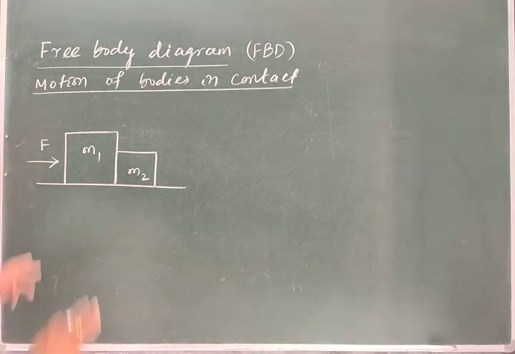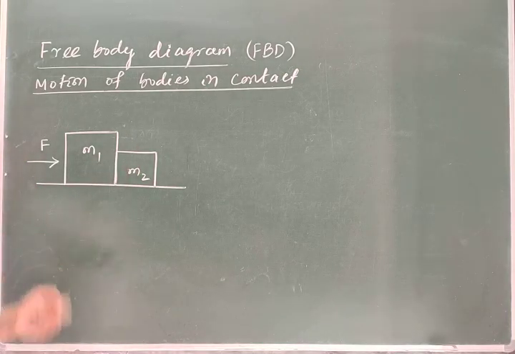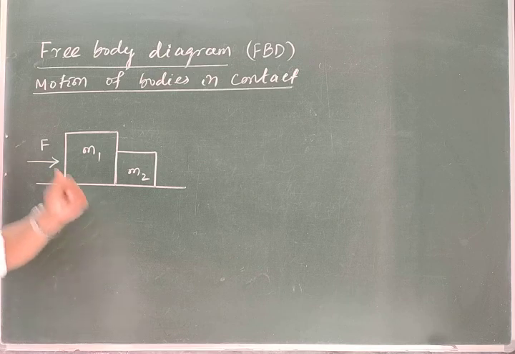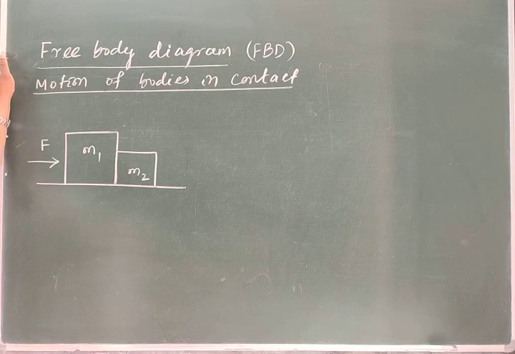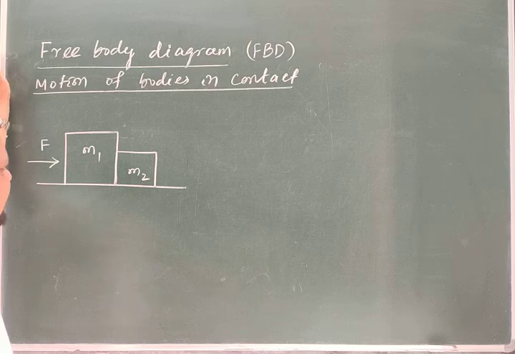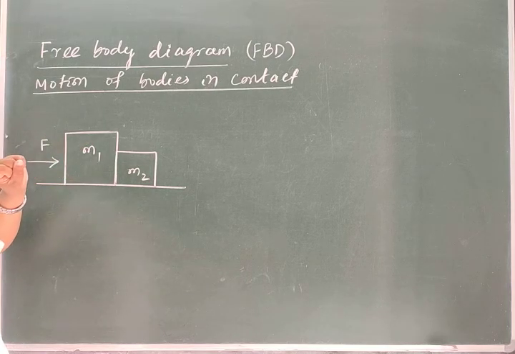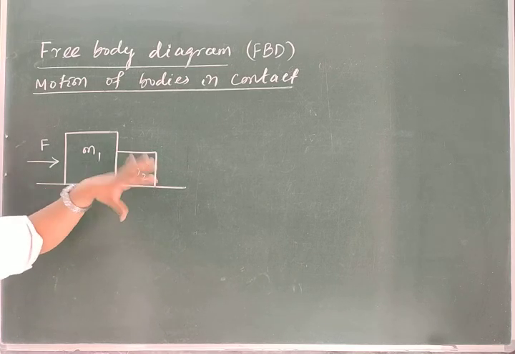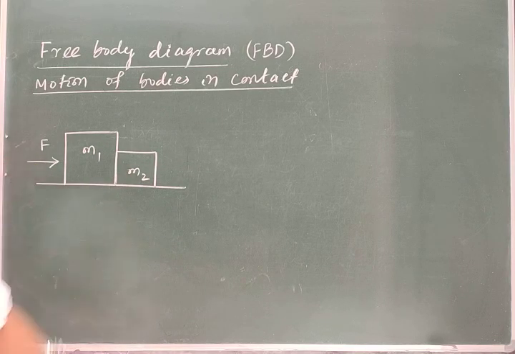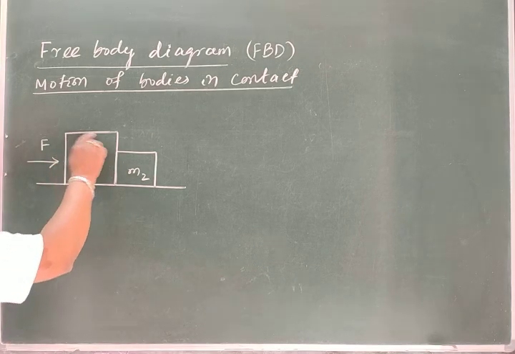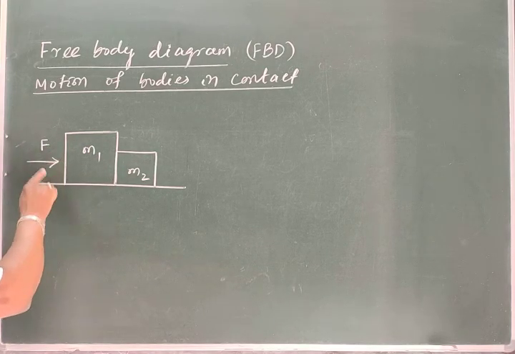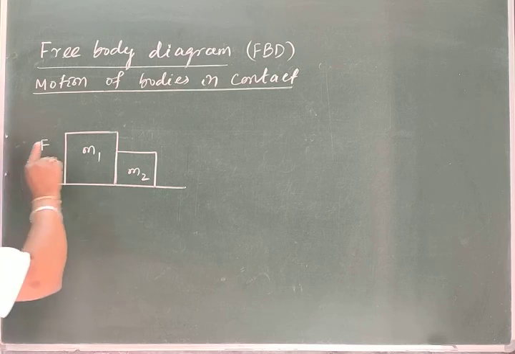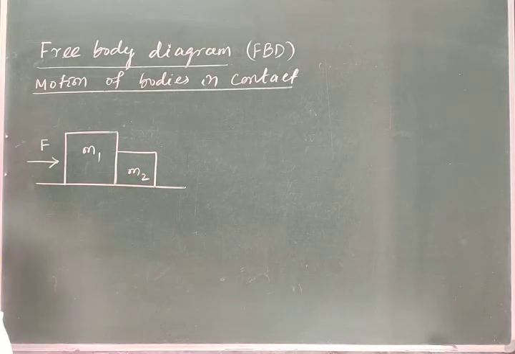So in this case, what happens? As you already know from the last video, when we are using this FBD concept, we should find out what are the forces acting on each body. So F is applied directly on m1, but this F is not applied on m2.